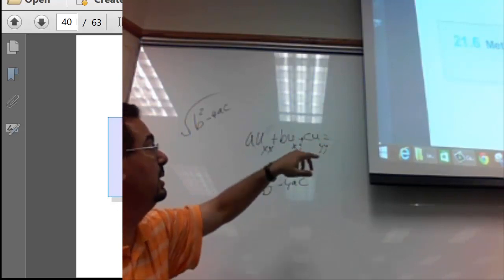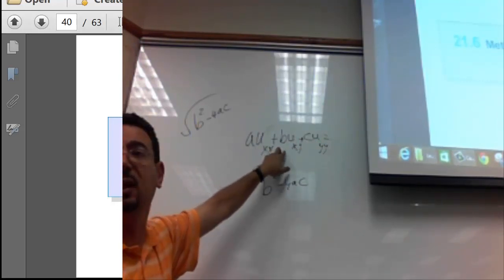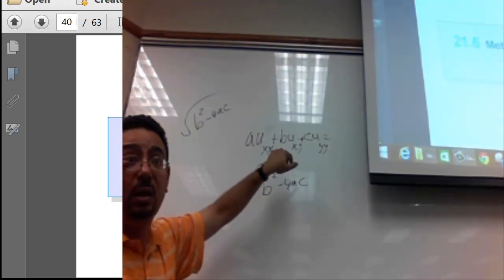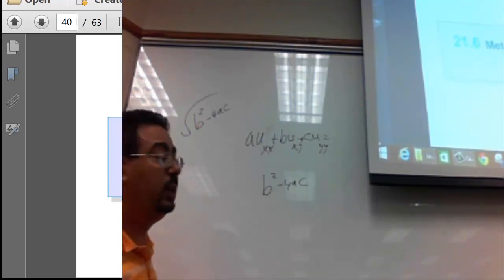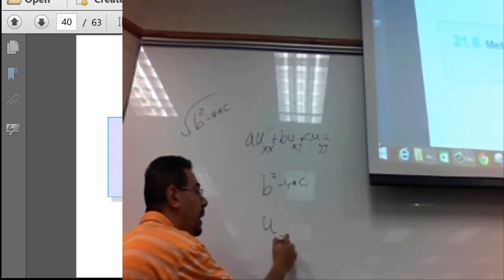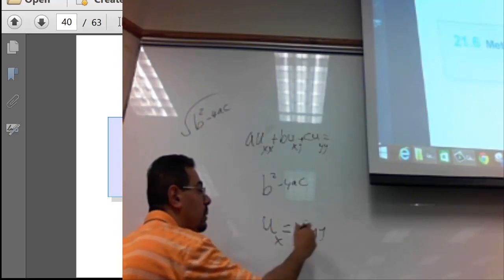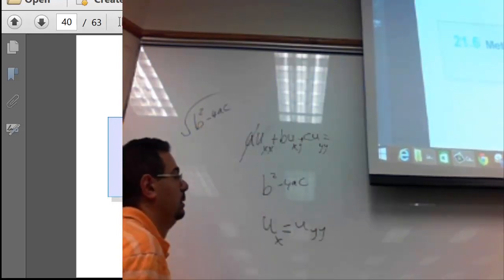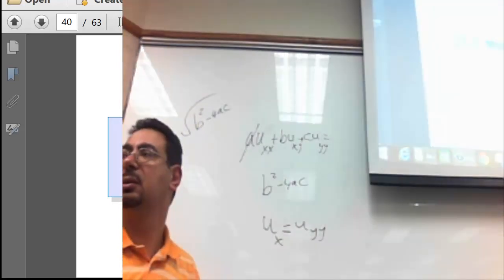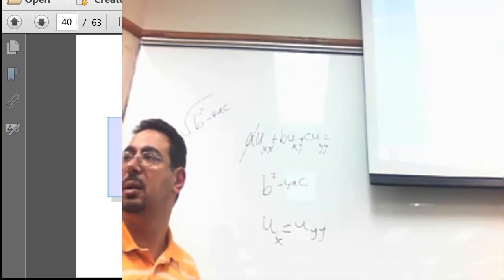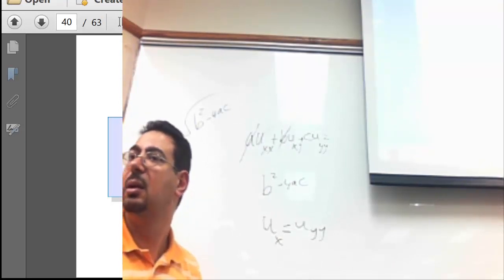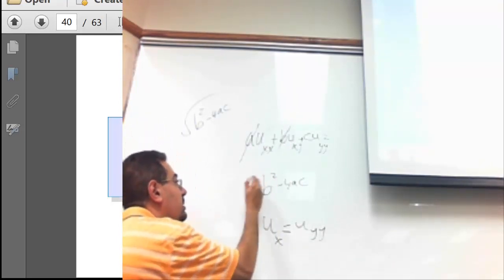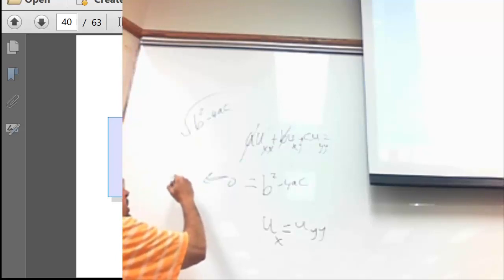Parabolic is basically when it's 0. When the equation is in the form of ut equal uyy, that means the b is 0 and the a is 0, so b squared minus 4ac is 0, and that's what makes it parabolic.